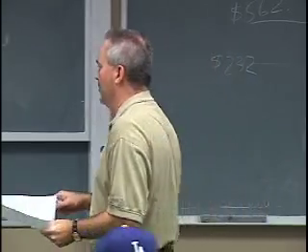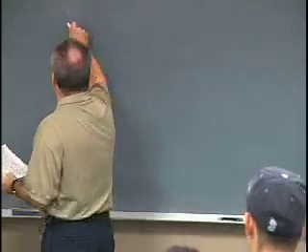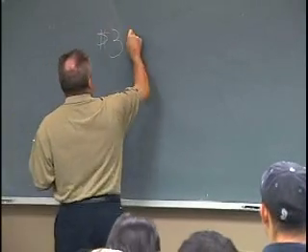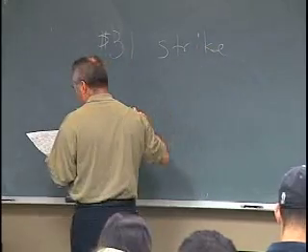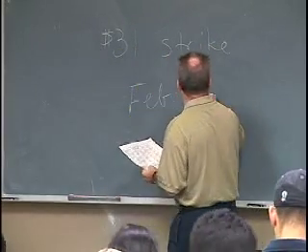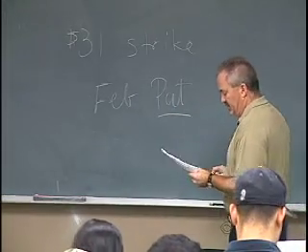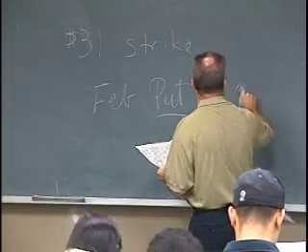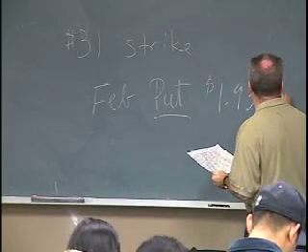And if we take $31 strike price, $31 strike, and we choose a February put, which is the right to go short, the price is 1.93, and that's dollars per barrel.